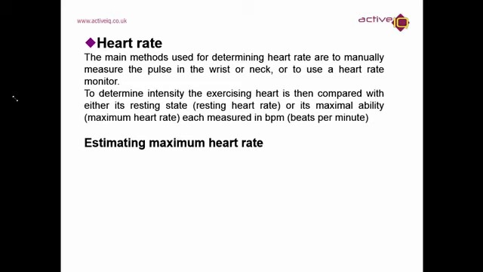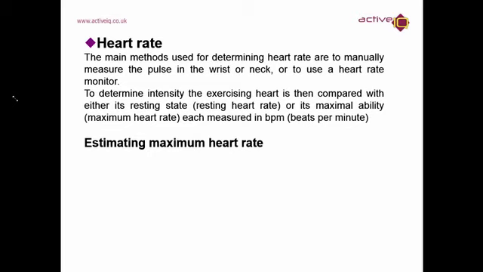We can use heart rate to measure how hard someone's working, because as we all probably know by now, the harder and more quickly the heart's beating, the harder the person is working and the more demands and stress are being put on the body. The main methods used to measure someone's heart rate: we can take their pulse, putting 2 fingers on the wrist or the neck, and measure it manually.